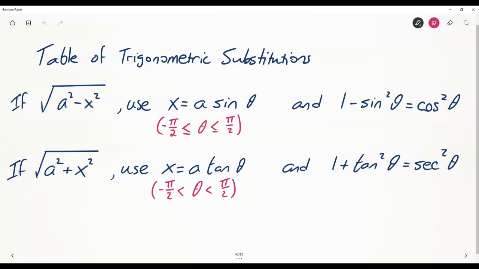If instead of a squared minus x squared, it's a squared plus x squared, you're not going to use sine, you're going to use tangent. And you're going to use the Pythagorean identity involving tangent and secant to get there. Because you notice, right here you've got a constant plus some expression involving x squared.